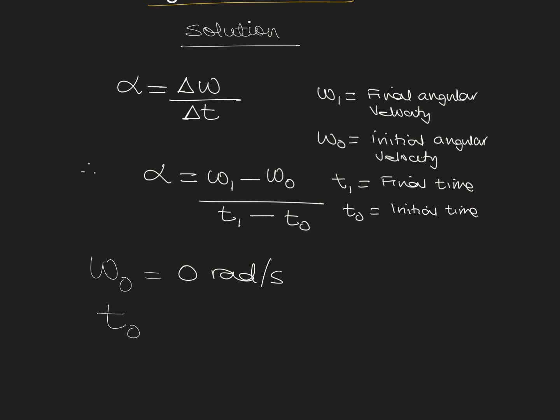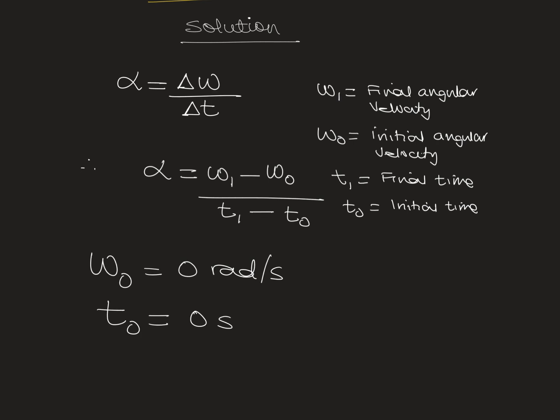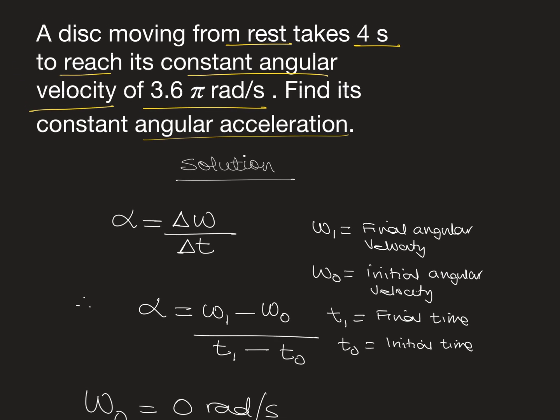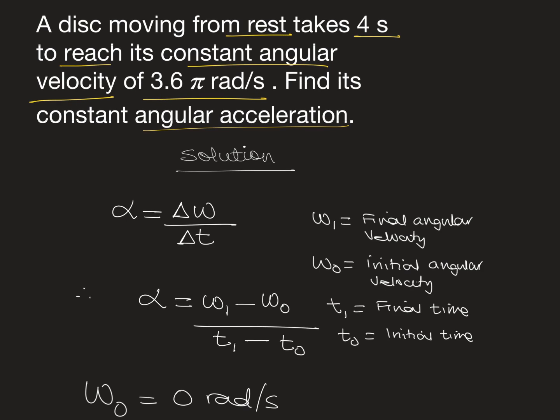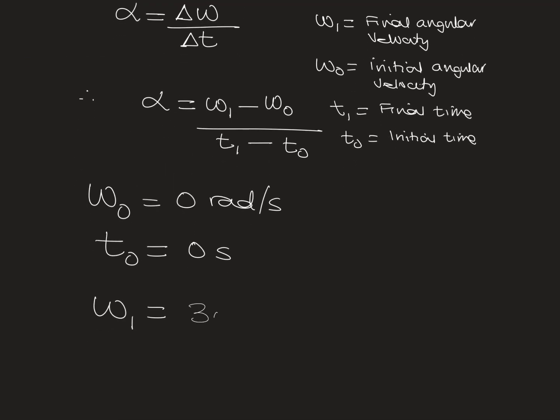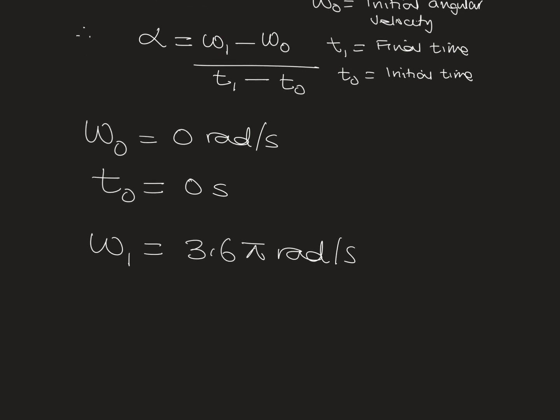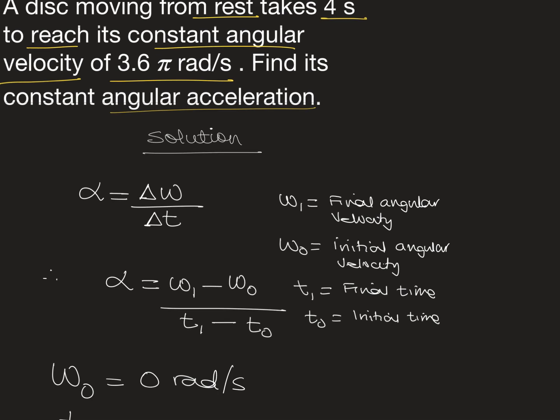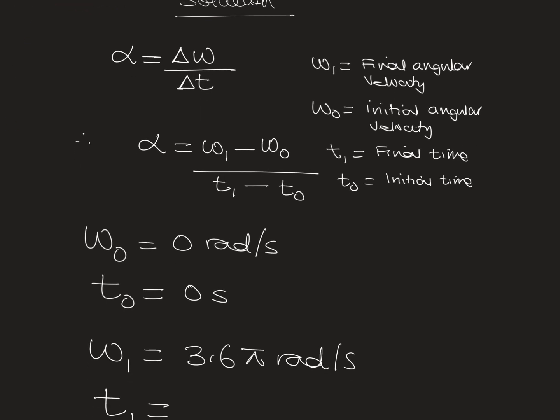The time at the initial situation will also be 0 seconds, right? So what is omega 1? That is what is given. It is 3.6 pi radians per second. And the time 1 is 4 seconds.